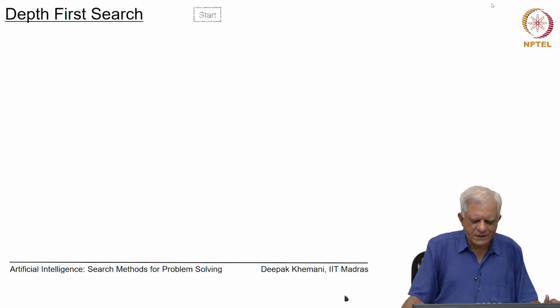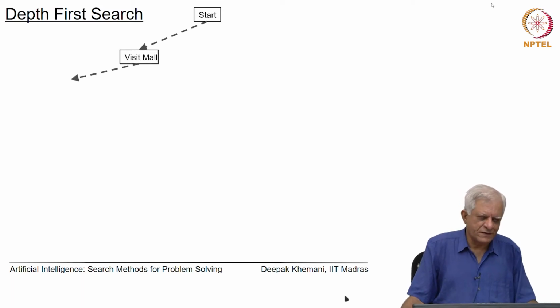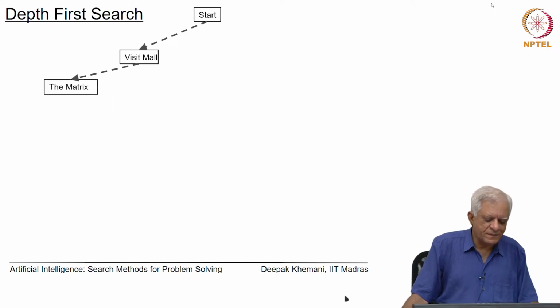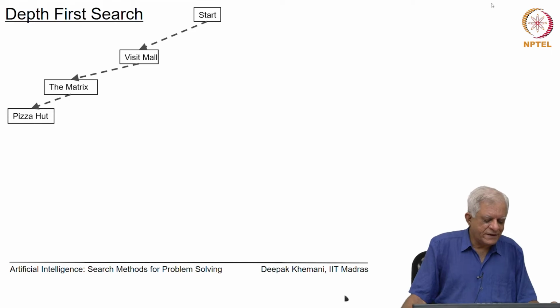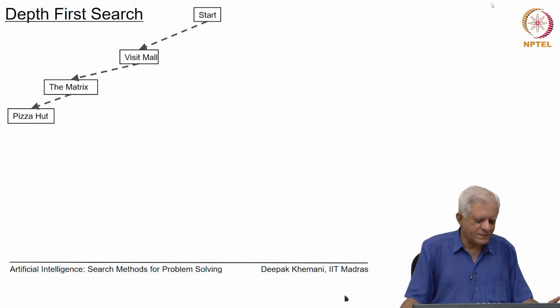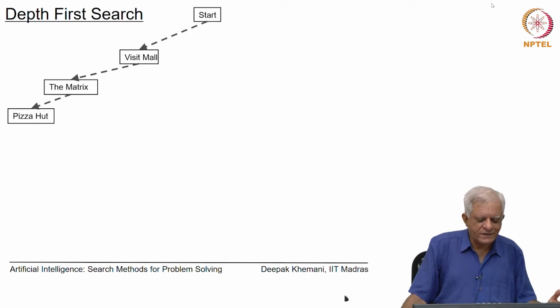So, this is how depth first search would start. You pick some activity, let us say the most common activity nowadays, visit a mall, and then you say you will go and see the film Matrix, and then you would have dinner at Pizza Hut, and you present this to your friends, and somebody objects to it, and then you do this depth first search over these possibilities, and this is how you explore the rest of the search space.